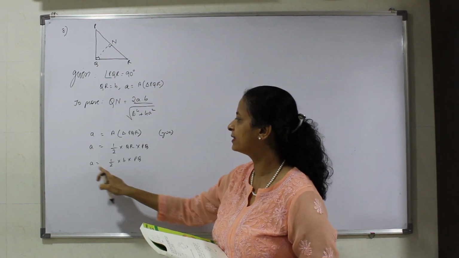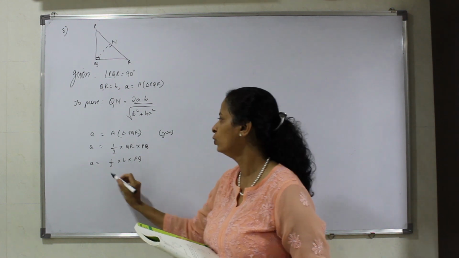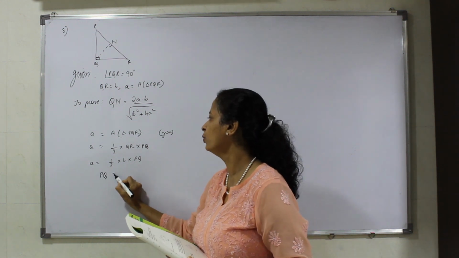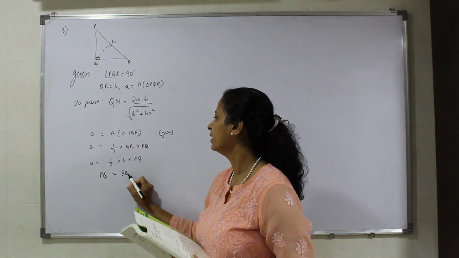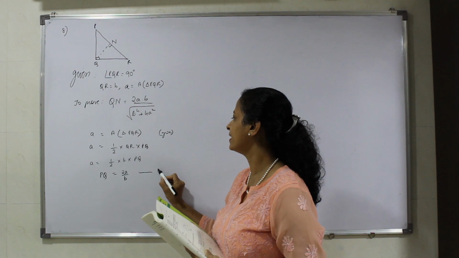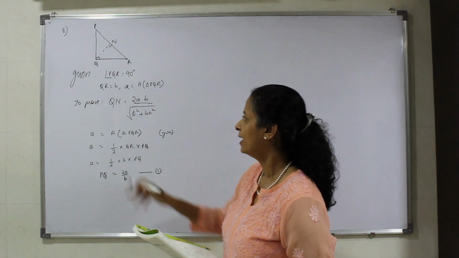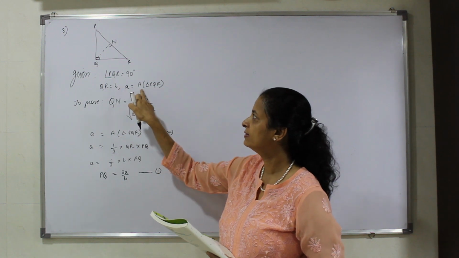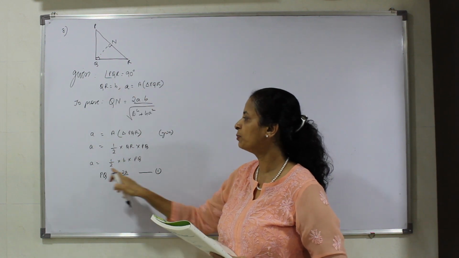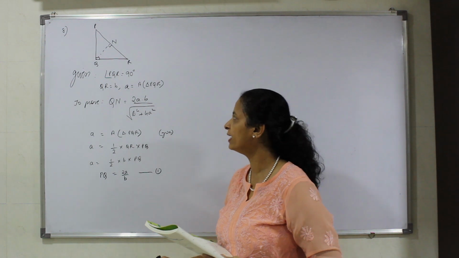Since these are all letters and the number, we have only a segment called PQ, keeping that alone, PQ. So you get the 2 to be up there and the b comes down. So it's 2a upon b. Let us leave this as equation number 1. And so we started with an a, having been the triangle PQR, the given. Substituting as half into base into height, we get PQ is equal to 2a upon b.